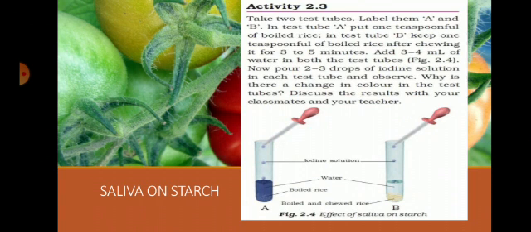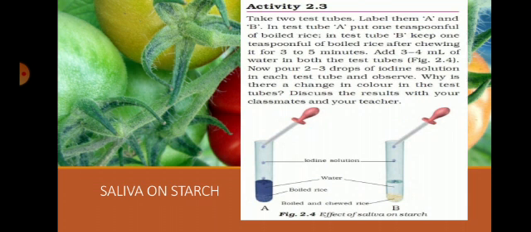Then add some water to A and B to form a solution of boiled rice. Then pour 4 to 5 drops of iodine solution in each test tube.